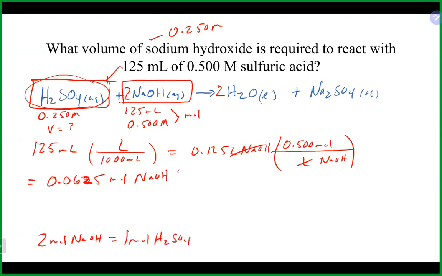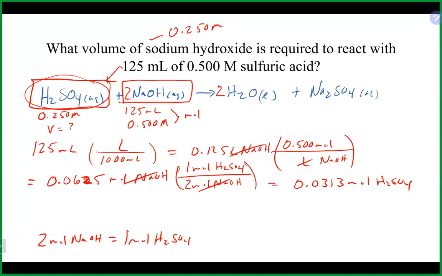So that is what we're going to do next. 2 moles of sodium hydroxide on the bottom, so they cancel. 1 mole of H2SO4 up on top. That's going to get us divided by 2, basically. 0.0313 moles of sulfuric acid.